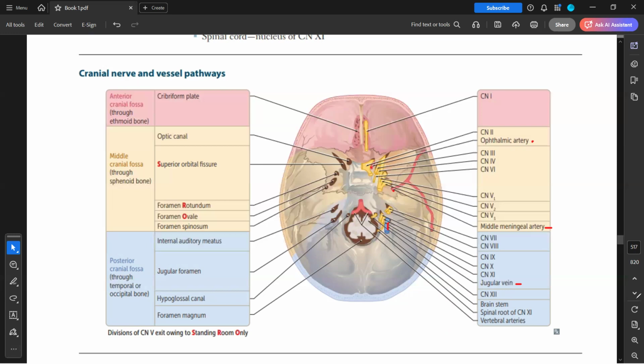Okay, this is all about the brainstem, the cranial nerves, and the vessel pathways. And I believe for today, you should just take it lightly and not go into details of all these nerves and pathways.